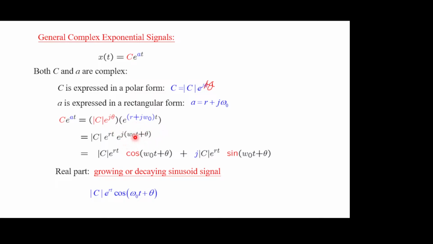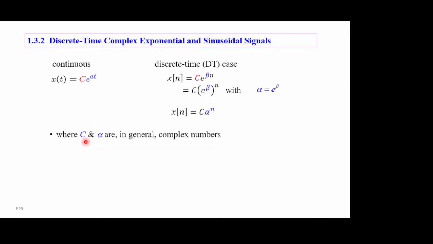This is like a circular part, this periodic part that we know from before, but because we are multiplying with this e to the rt, it is not periodic anymore. So it's either exponentially growing or exponentially decaying. Okay, so that's the general exponential.